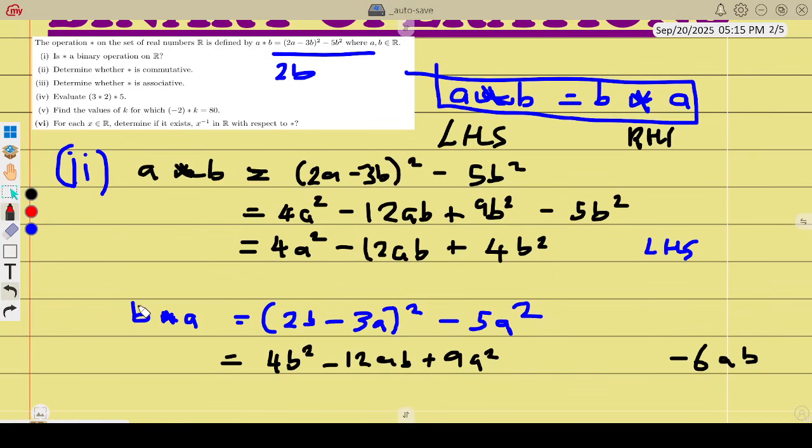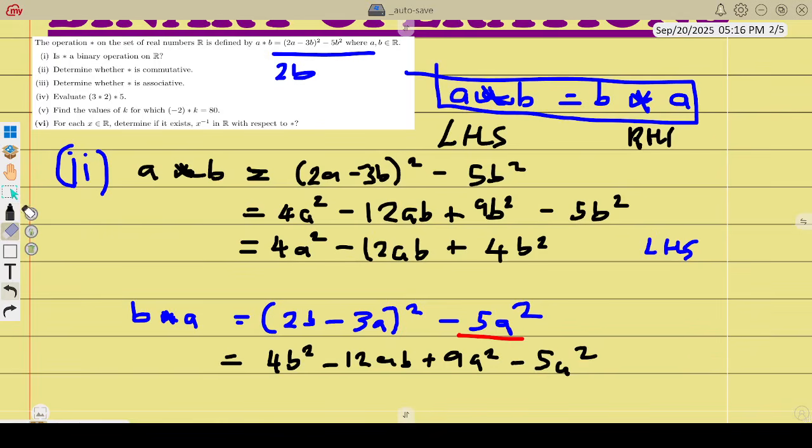You are at liberty to open the brackets one by one and then start multiplying, if you feel this will confuse you. From here, don't forget we also have minus 5A squared outside.